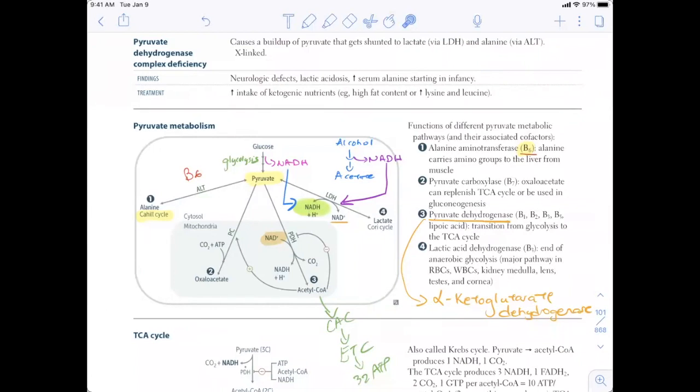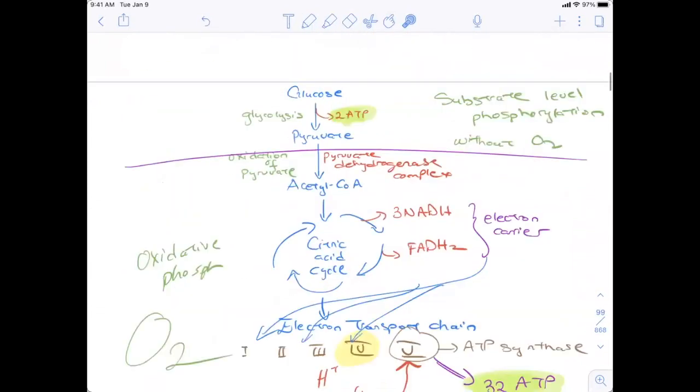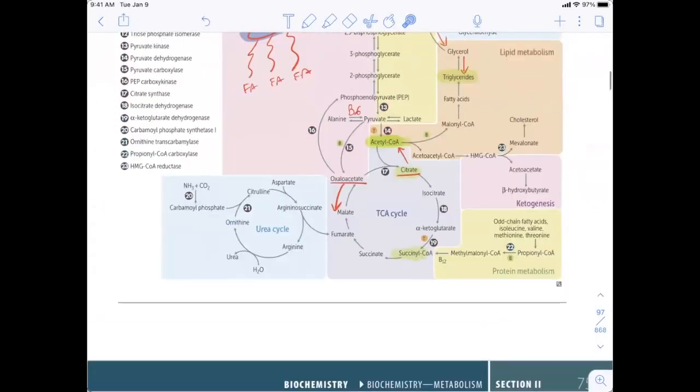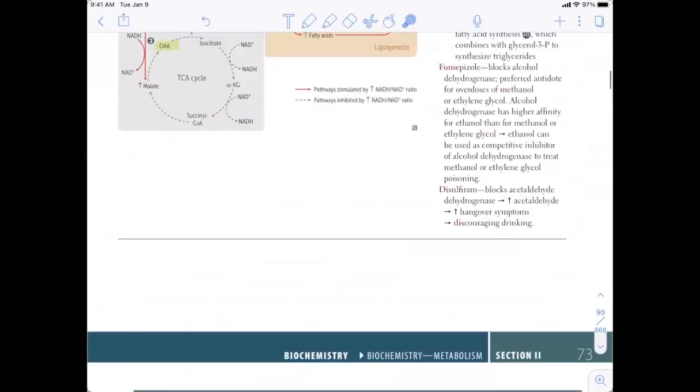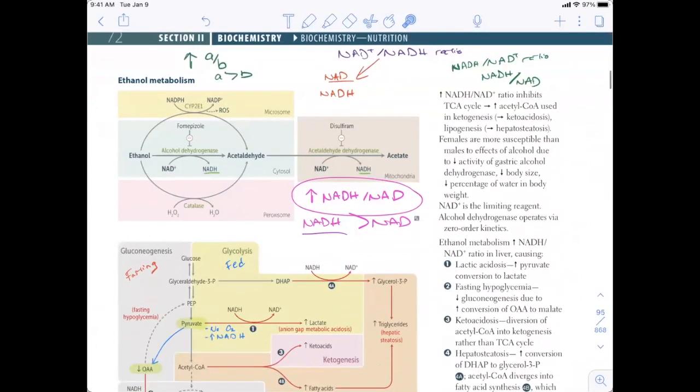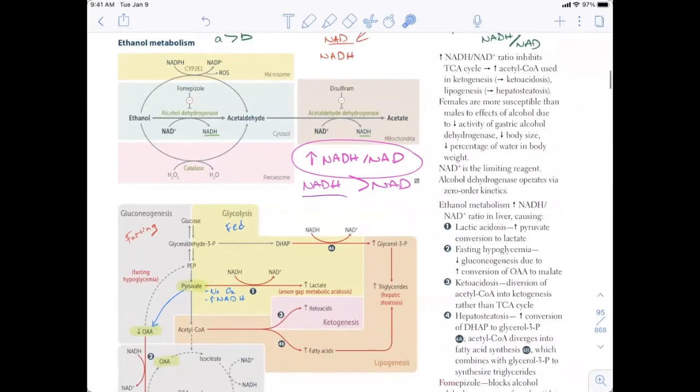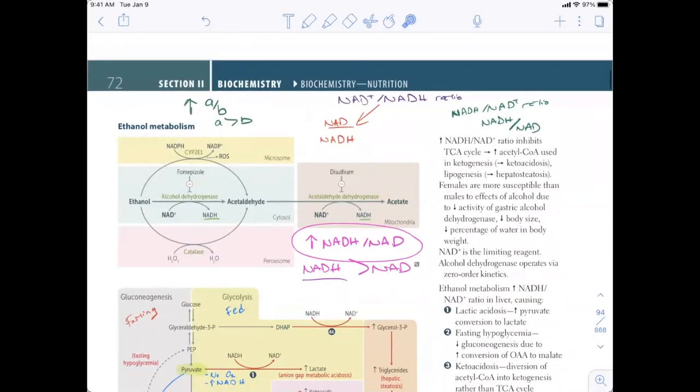Now, one of the things I want to link this to before we even proceed is your alcohol metabolism. How does that tie into this process? Because believe it or not, it plays a role. So if you come all the way back up here, and I don't know why they have it up here, but if you take a look at this, when you consume alcohol, there are two enzymes involved in the breakdown of alcohol.